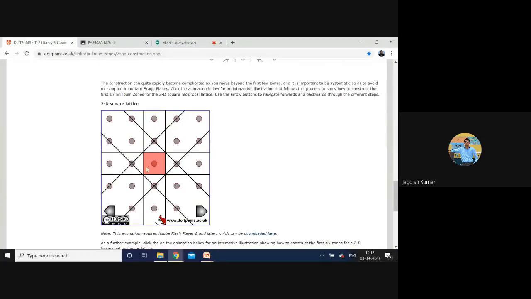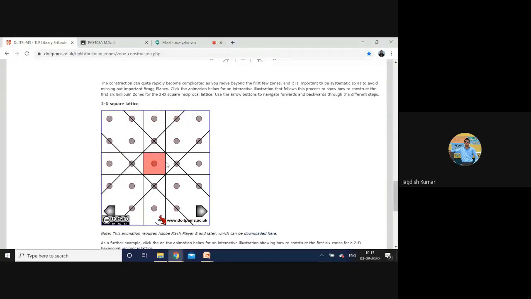So now this is your first Brillouin zone. This is a Bragg's plane. This is a Bragg's plane. This is a Bragg's plane. This is a Bragg's plane. Correct. Now, what area is accessible after going from the first Brillouin zone by crossing a single Bragg's plane only?